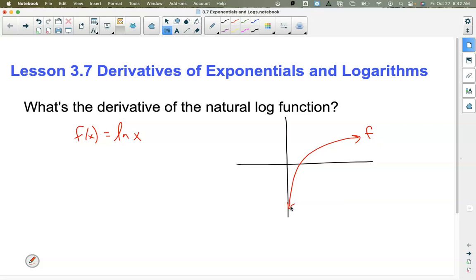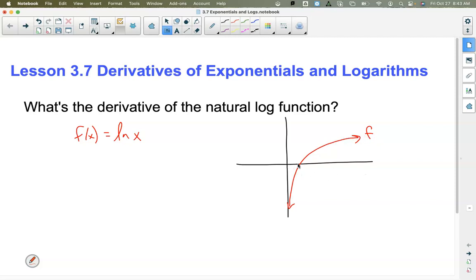Well, over here I notice that the slope is super positive, right? Really, really steep. So the derivative has to start up high. And then as we go further and further to the right, as x increases, the slope decreases and gets closer and closer to 0. Now it's always growing, so it'll never get to 0.